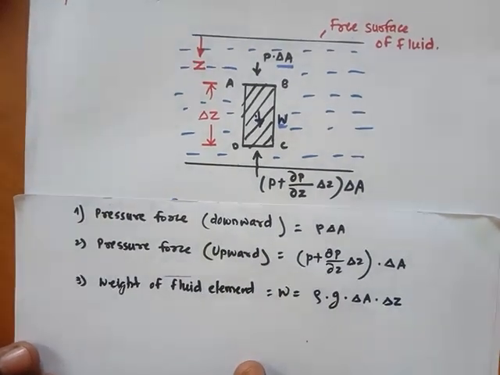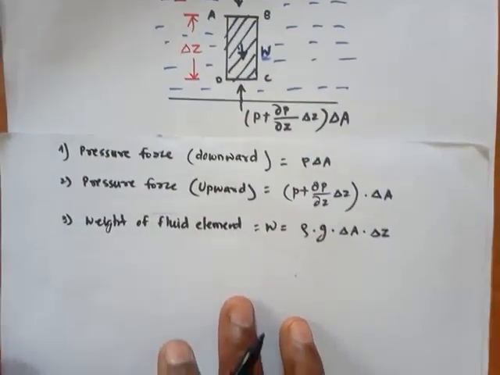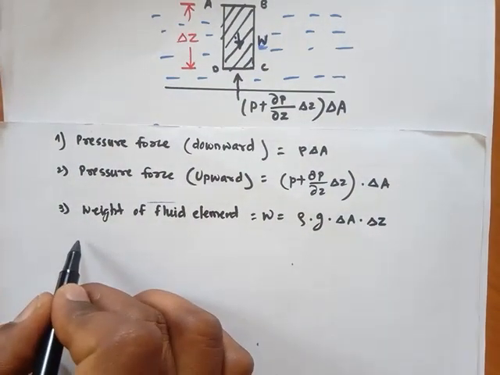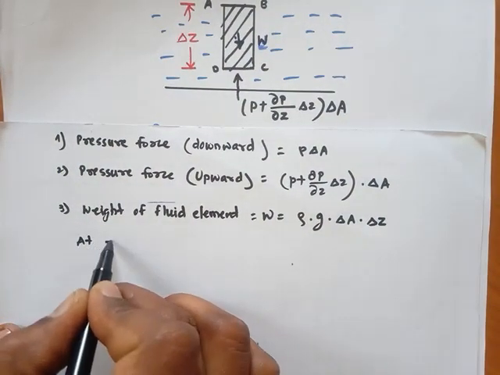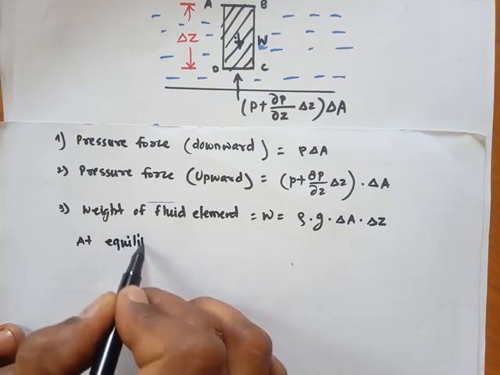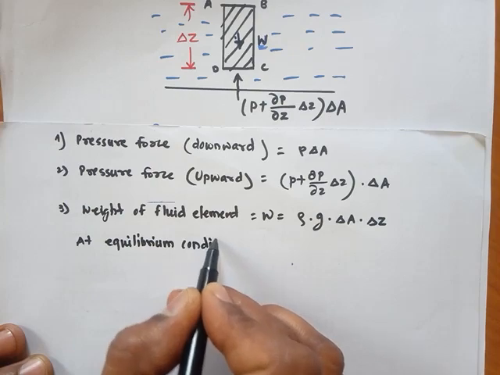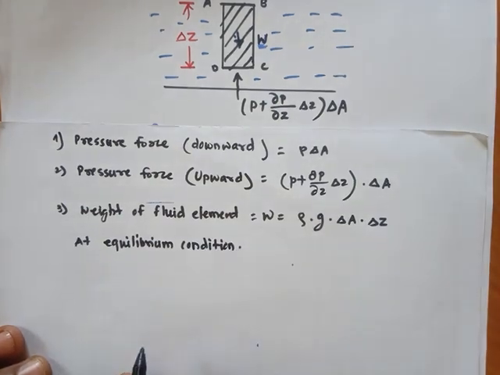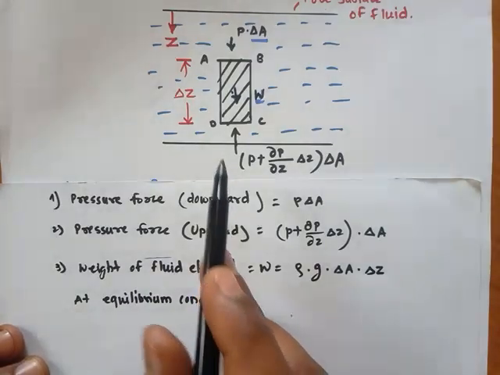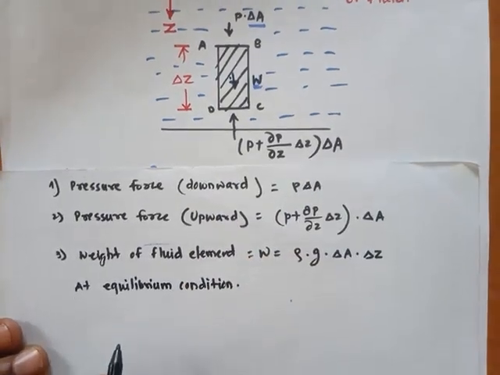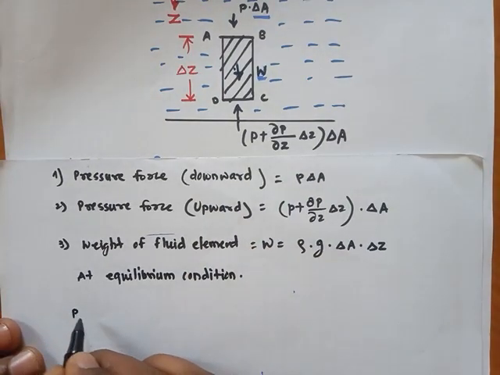Now we will see the equilibrium condition. We are taking the addition of all these three forces. The first is the pressure force in the downward direction.